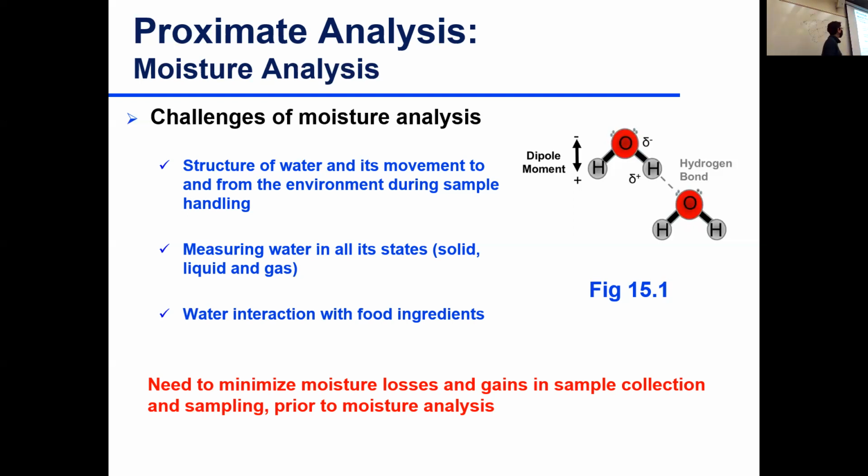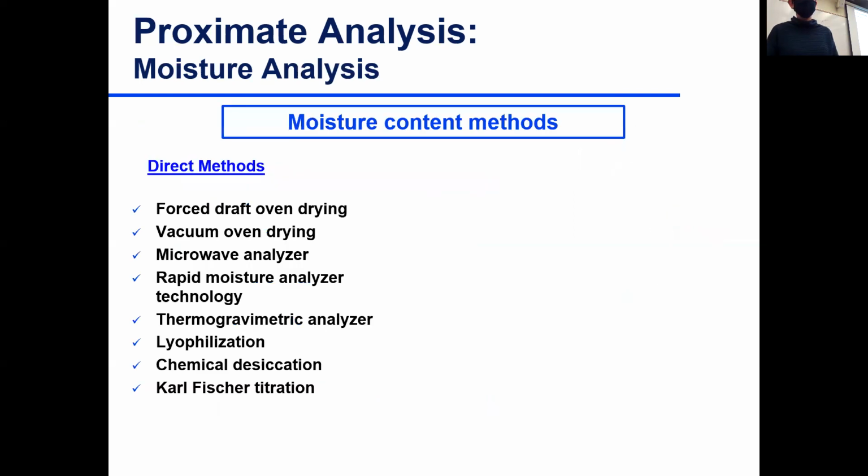So from this information, we try as best as we can to avoid moisture loss or gain during sample preparation up until measuring moisture content. Never perfect. That's why, again, it's proximate analysis. There are many methods for measuring moisture content.